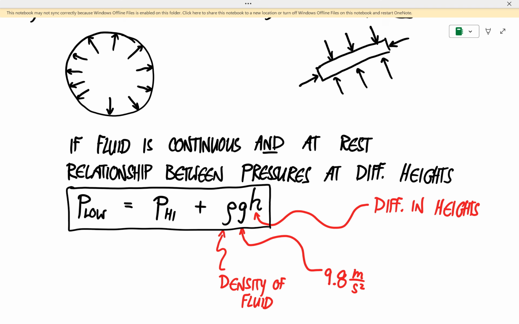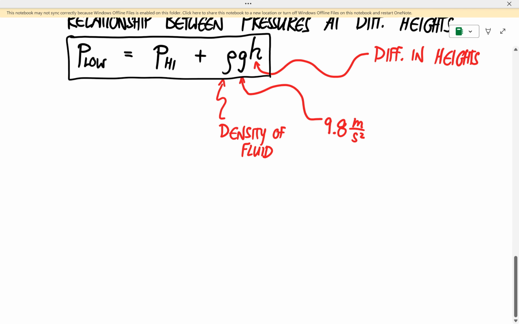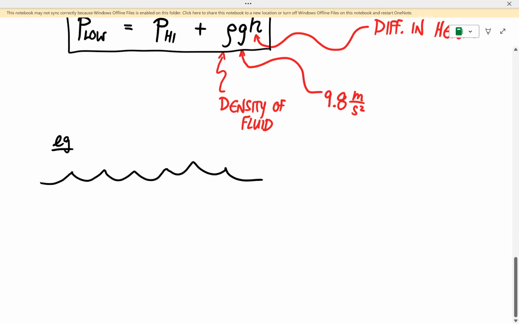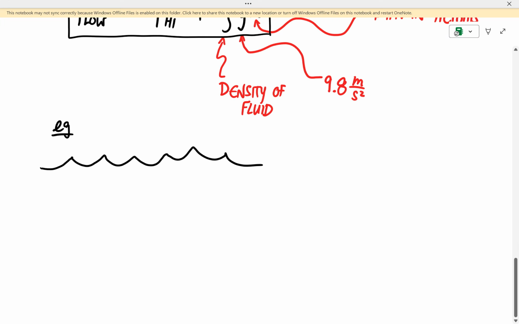Can you explain to me what is pressure low and pressure high again? Yes. Let's say we have two points underwater, and we want to know the pressure here and here, or the difference in pressures between those two. So this is the low, and this is the high.